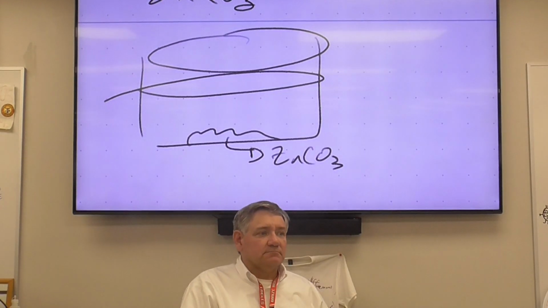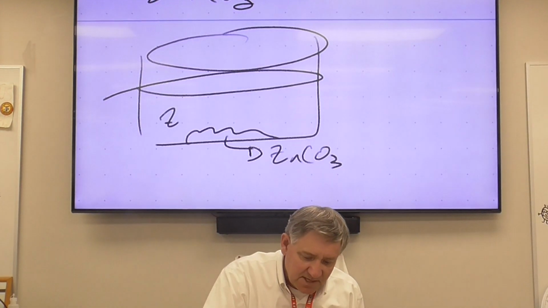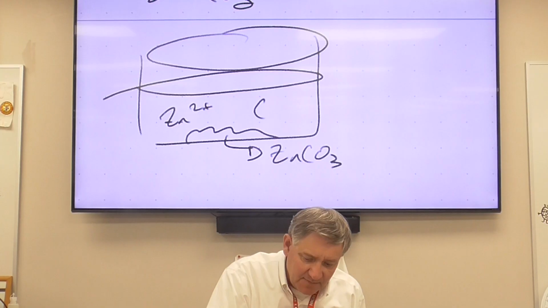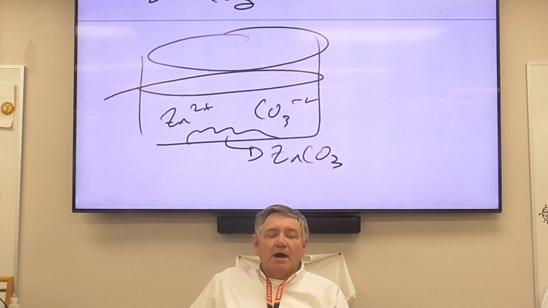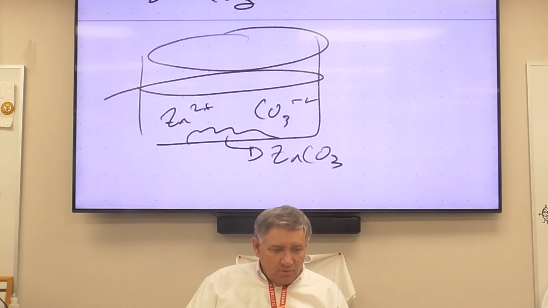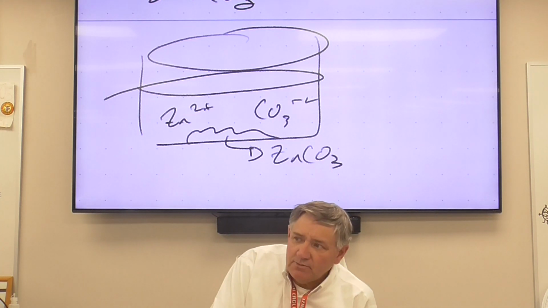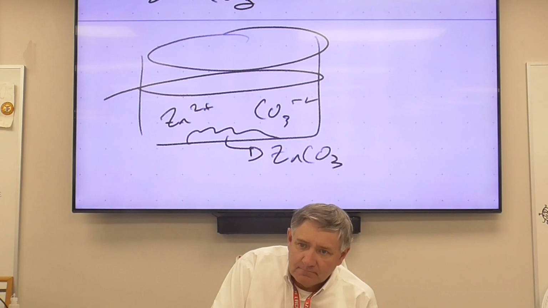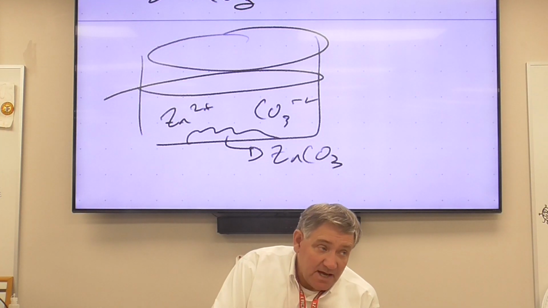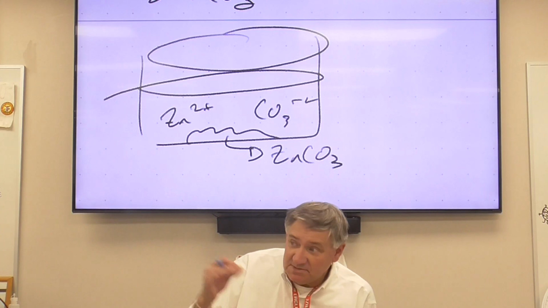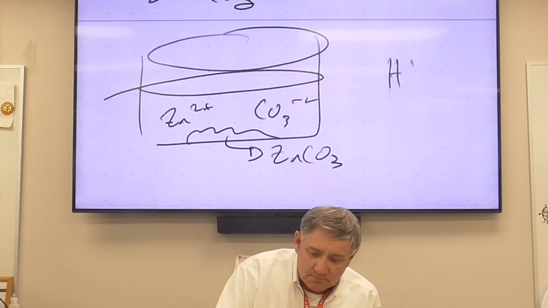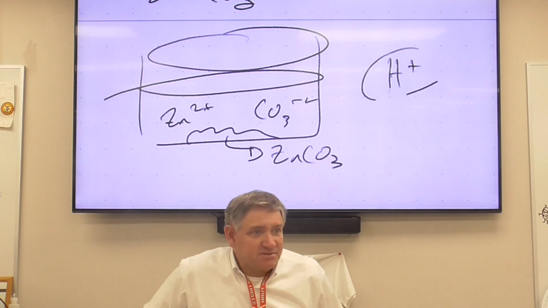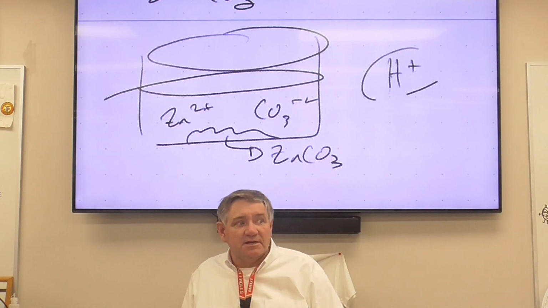The story is the zinc ion concentration up above and the carbonate ion up above. Now, what are you going to add to it when you read question 63? What are you adding? Acid. Strong acid, weak acid. Strong monoprotic acid, which is the code for what are you going to dump in there? HCl. You're going to dump a bunch of hydronium ions. That's going to be the key.